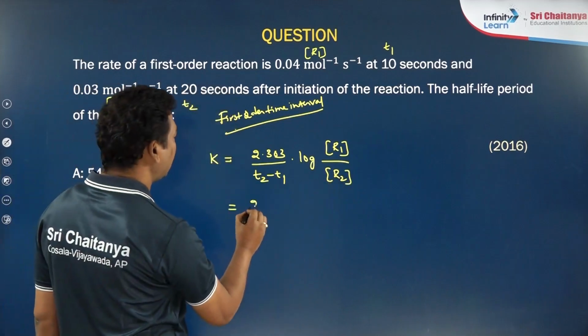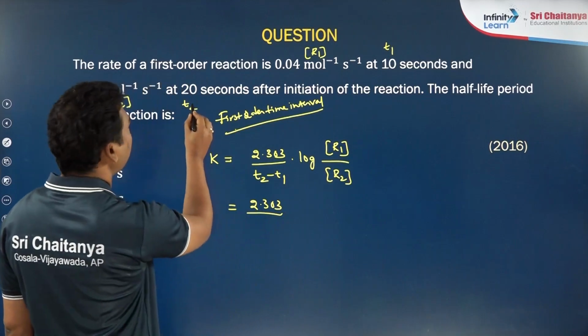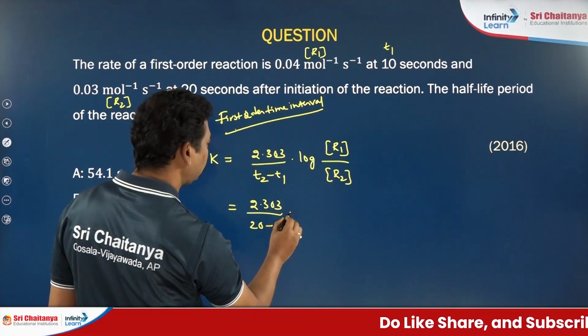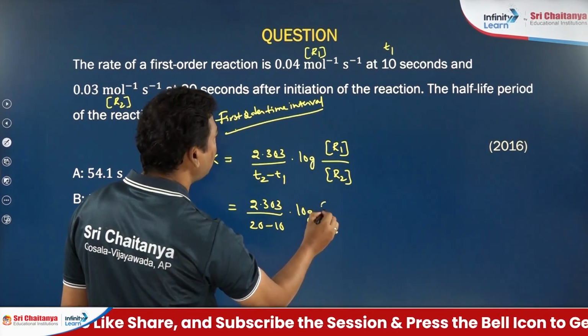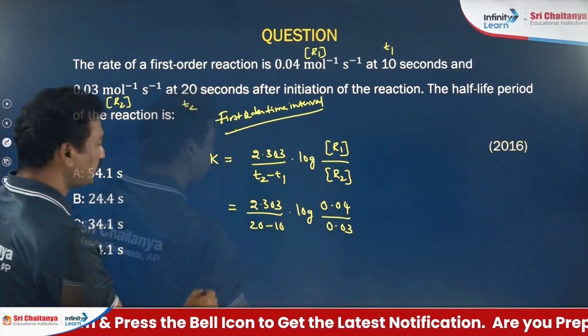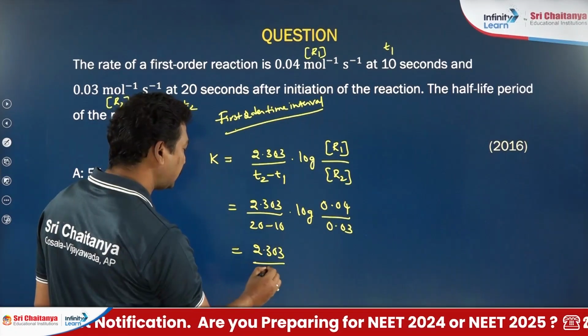So 2.303, what's T2? T2 is 20 minus 10, log of 0.04 by 0.03.